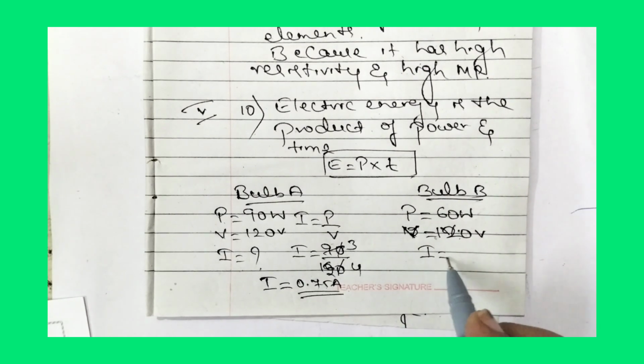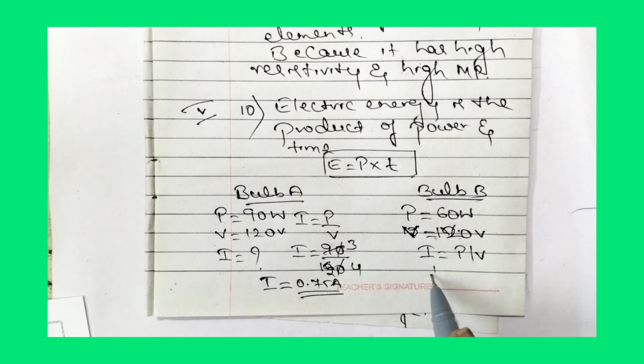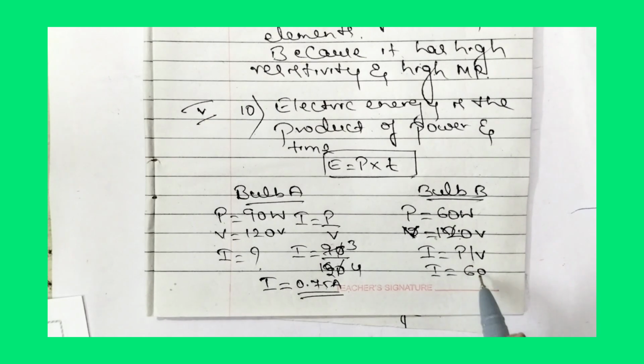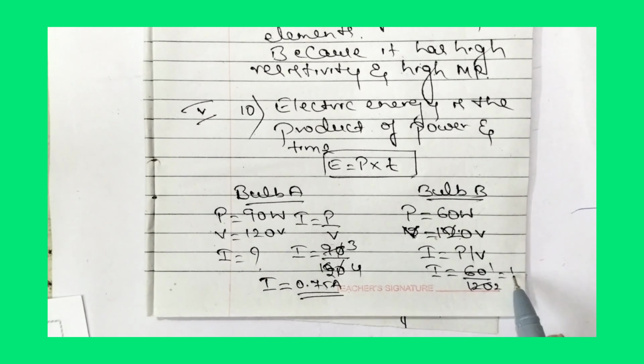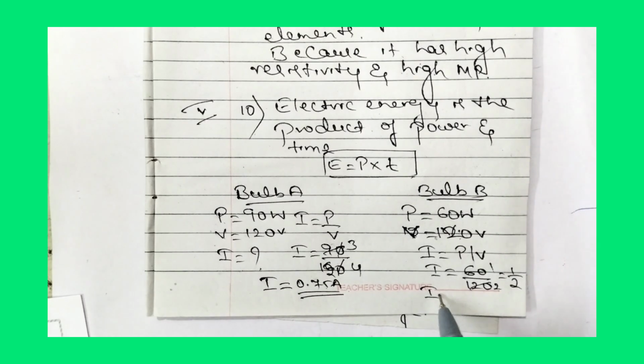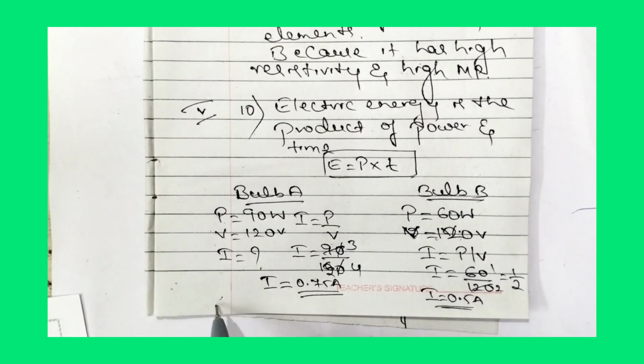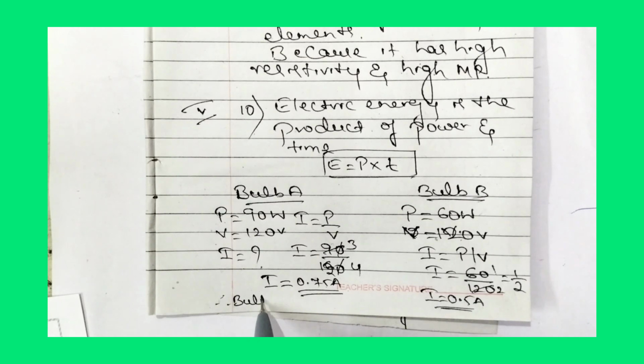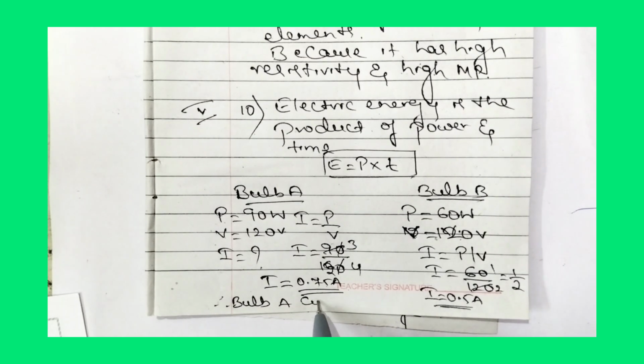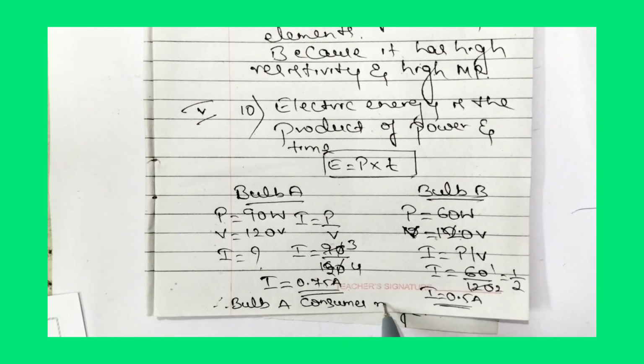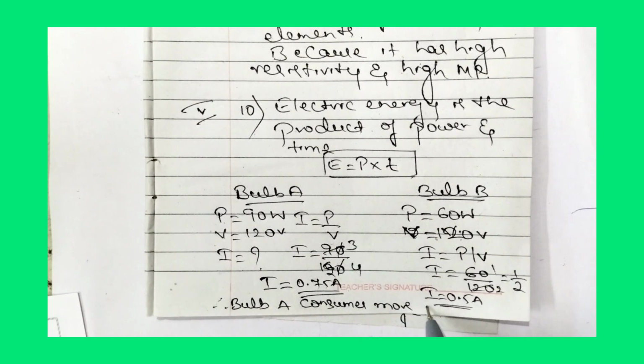For bulb B, I is equal to P by V, P is 60 and V is 120, so I is equal to 1 by 2, which is 0.5 ampere. Therefore, since its power is more, bulb A consumes more energy.